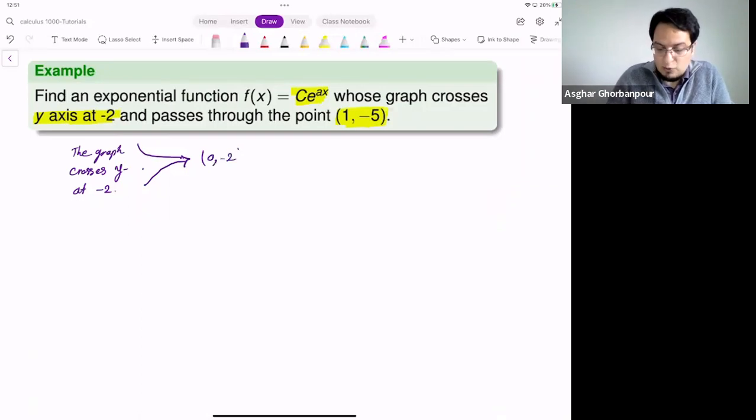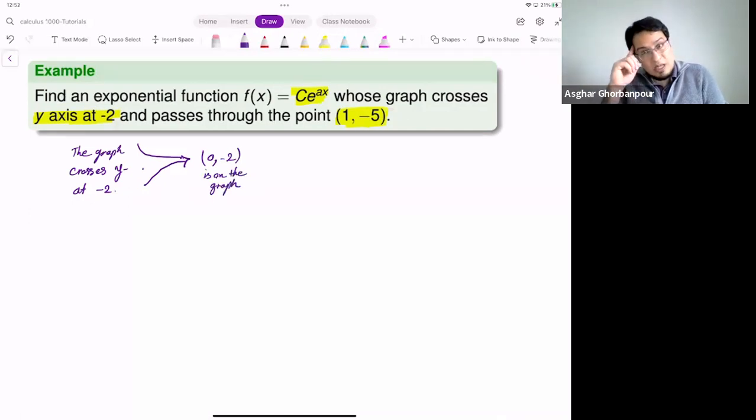The second coordinate is the value of y wherever you cross that axis. So it means that the point (0, -2) is on the graph.